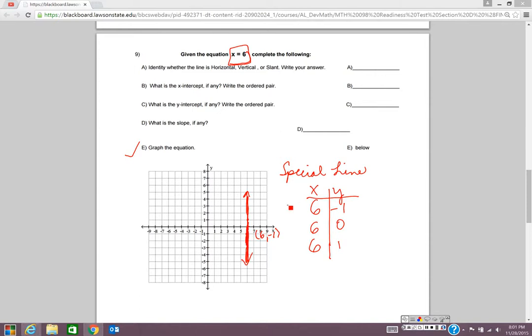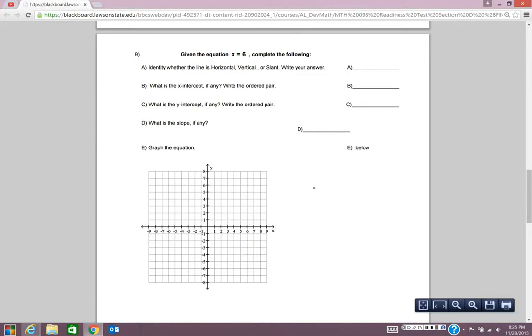Now you could use 2 of these points and plug the points into the slope formula. We had a point 6, 0, and we had a point 6, negative 1, for example. We can treat this as our point 2.